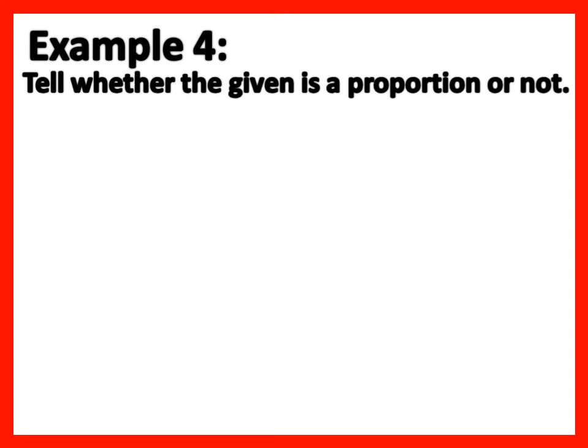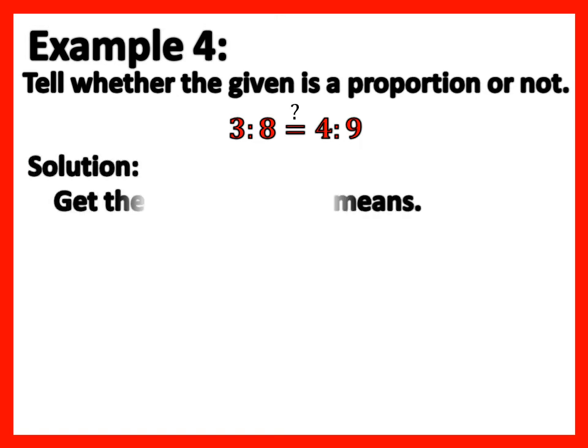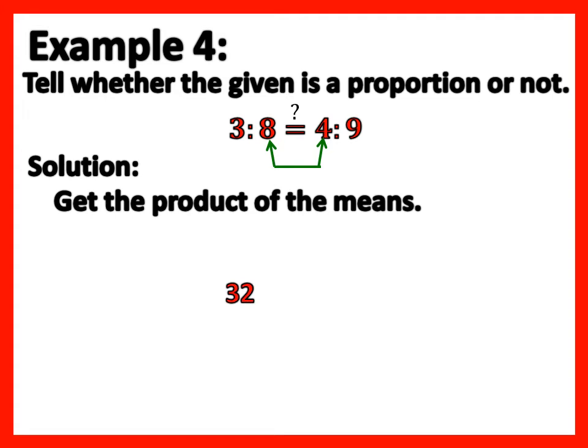Example number 4. Again, tell whether the given is a proportion or not. But it is in odds notation. So we have 3:8 equals 4:9. We cannot declare that they are equal. So to tell if it is a proportion or not, we will get the product of the means. The means are 8 and 4. 8 times 4 is 32.